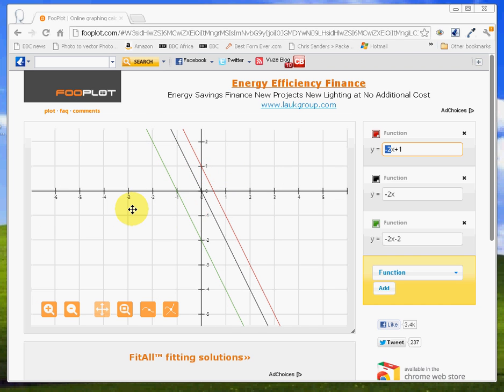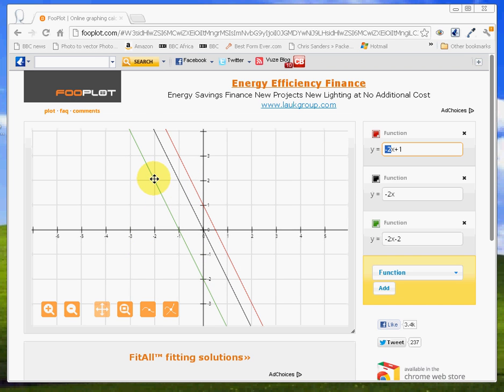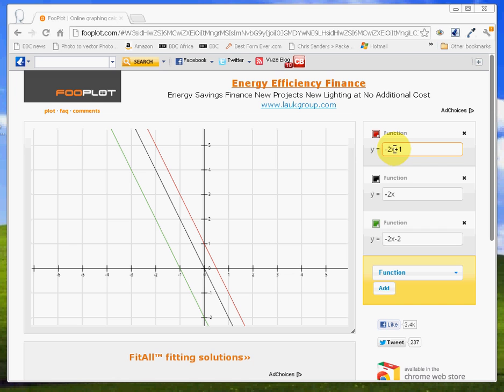Now they're all the same idea. If I take the green one here, 1 along, 2 down, 1 along, 2 down. So that's basically how that number at the front works. That number says the slope of the line. Go on to foodplot.com, have a play, see what you think, and then we're going to talk about intercept.